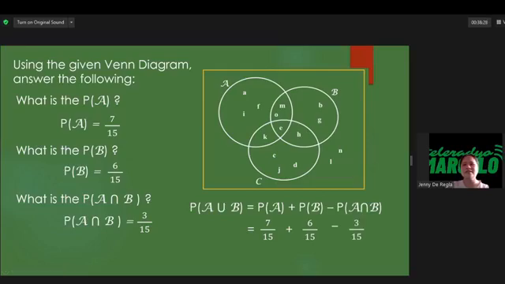So 7 plus 6 equals 13, minus 3, that becomes 10. 10/15, or in lowest terms, divide by 5. 10 divided by 5 is 2, then 15 divided by 5 is 3. So we have 2/3.